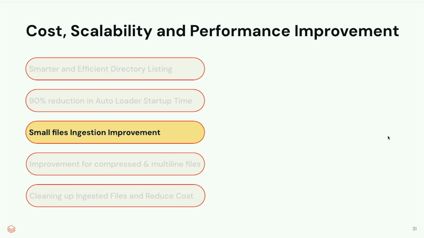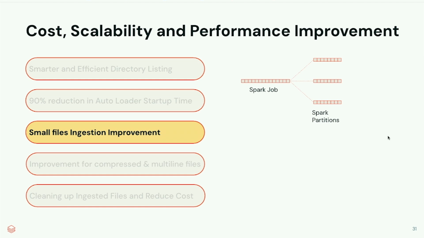So what we did is that we made this common case workload much more efficient by changing how Spark processes these jobs. Spark is very good at partitioning your workload into different tasks and processing those tasks in parallel. But within those tasks, the ingestion job runs sequentially.